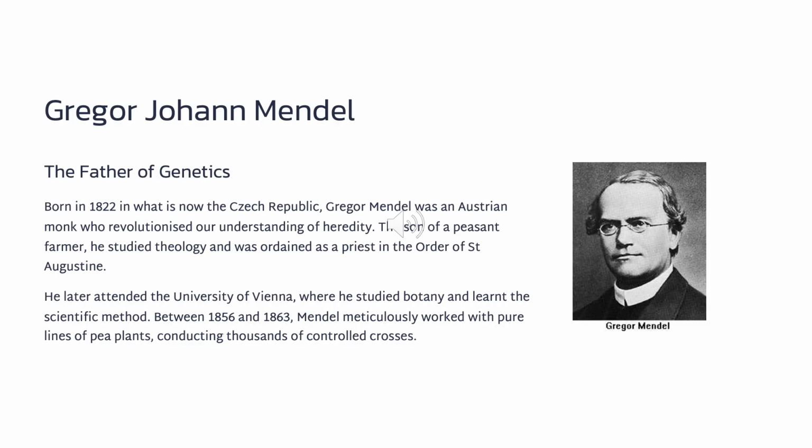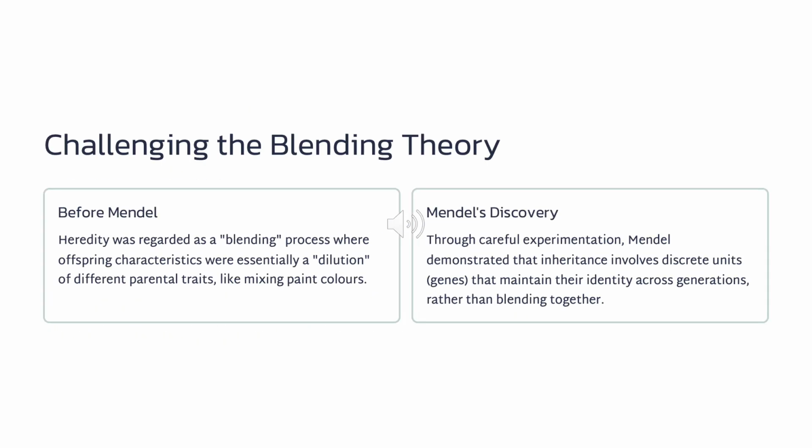He conducted thousands of controlled crosses of the pea plant, and he came up with what we call the three Mendel's laws. We will learn about that later. Before that, we have to understand the theory of Mendel, what he contributed to heredity and genetics. Now, actually, Gregor Mendel challenged the blending theory.